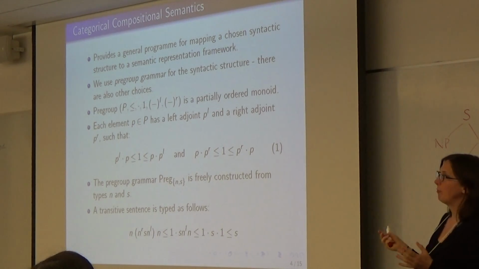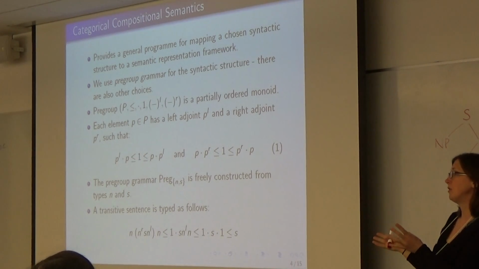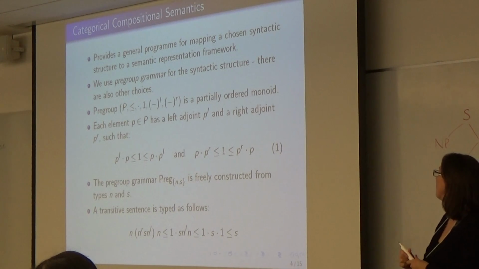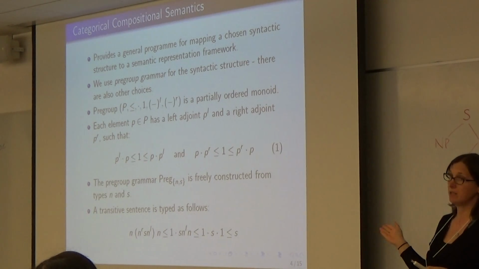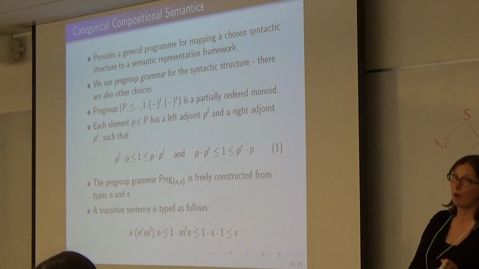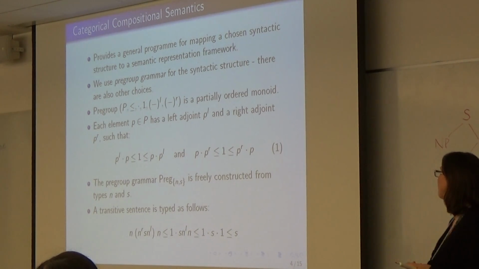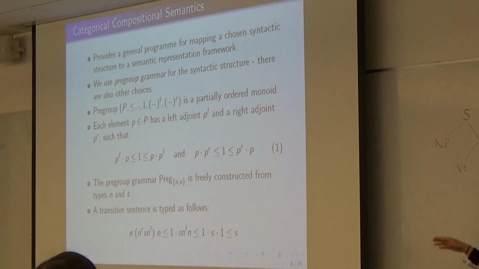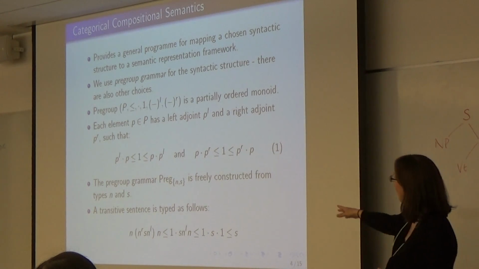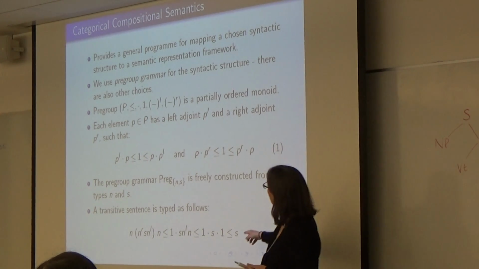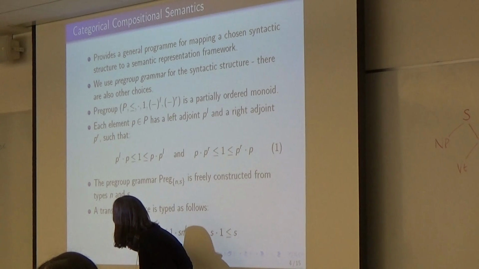And you can use a pregroup over whatever set you want. So we're going to use it over the alphabet N and S. N stands for noun, S stands for sentence. And a transitive sentence is typed like this. So what's going on here is that we've got a noun here.